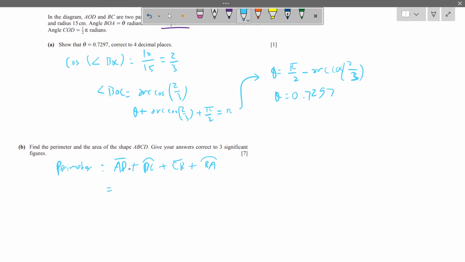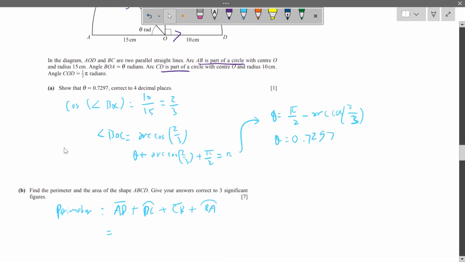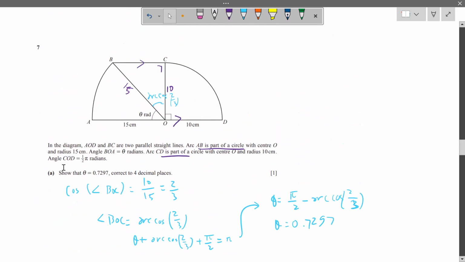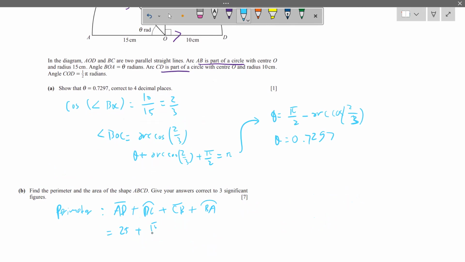Okay, so AD is a straight line, and it is made up of AO and OD. That means it is 25 centimeters. I'm going to put the units at the end. What about DC? DC is the arc of a quarter circle. That means it is going to be pi over 2 times 10 centimeters plus the length of CB.